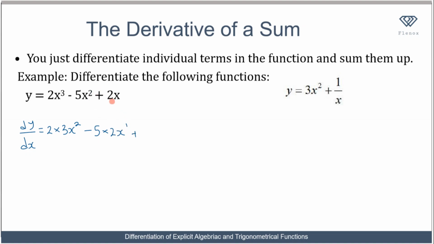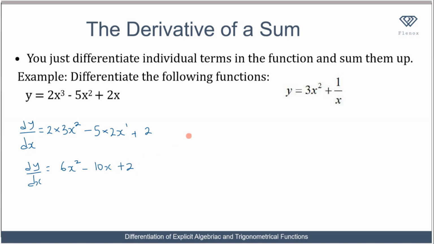Then remember, when I have 2x, the differential will just be the coefficient, which is 2. So dy over dx will be equal to 2 times 3, which is 6x squared, minus 5 times 2, which is 10x, then plus 2. Pretty straightforward.